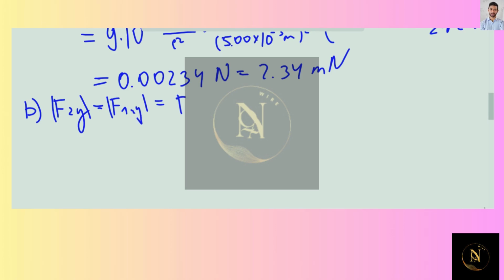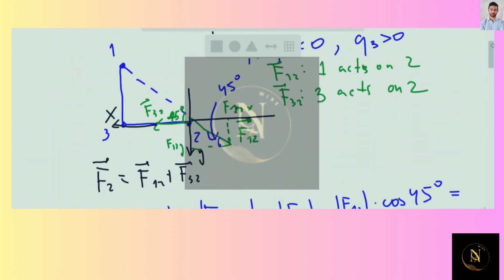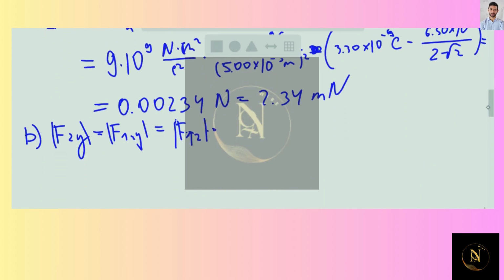And it equals F12 multiplied by sine of 45, which is F12 over square root of 2.